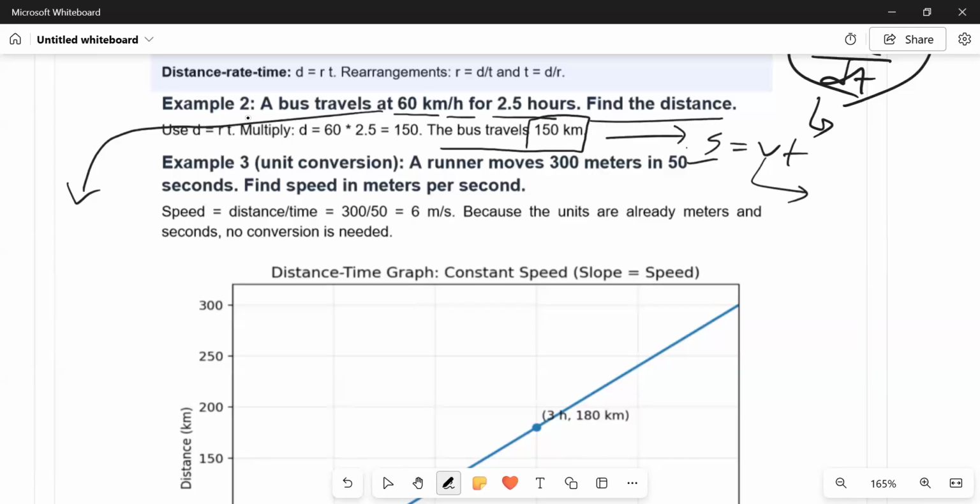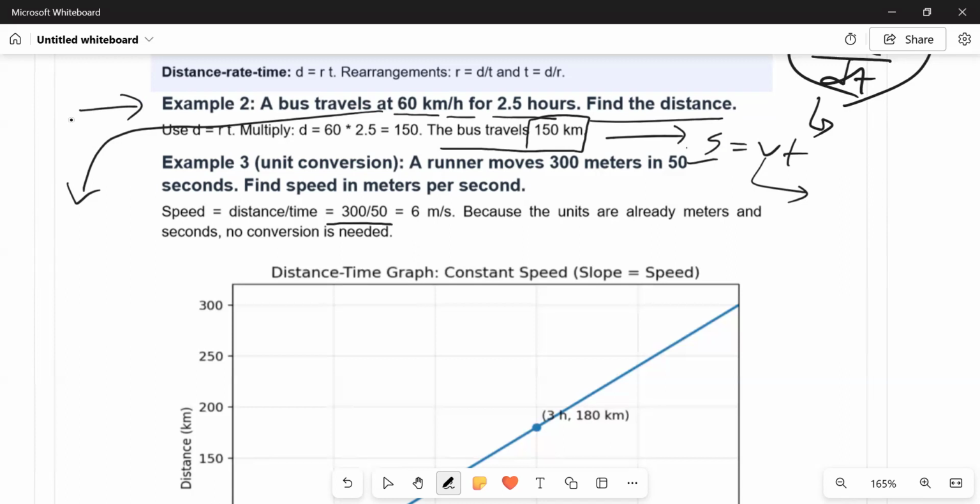Maybe where it's written a runner moves 300 meters in 50 seconds, we can change the seconds to be minutes. No, I'm not talking about this one. I'm talking about this, but you have given the answer.